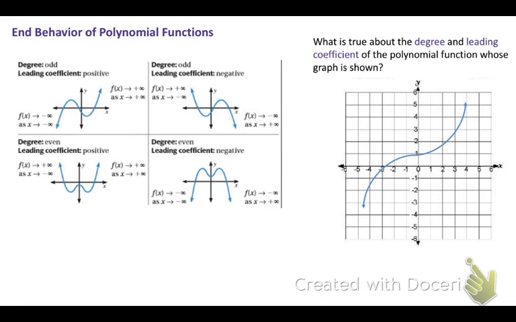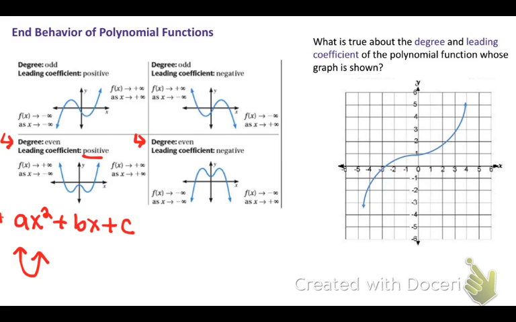Before we begin graphing polynomial functions, we need to take a look at end behavior. So we'll start with even degrees. You are familiar with quadratic equations or quadratic functions, ax squared plus bx plus c. You know that if it's positive, it will open up.